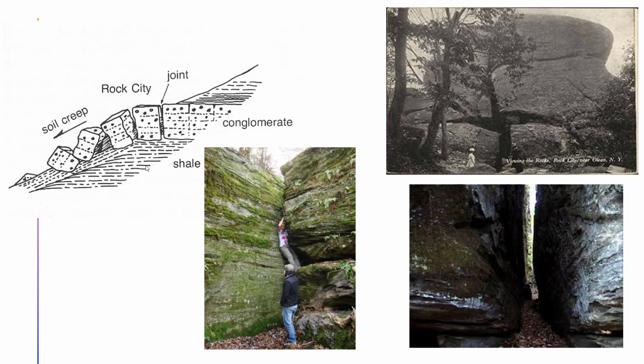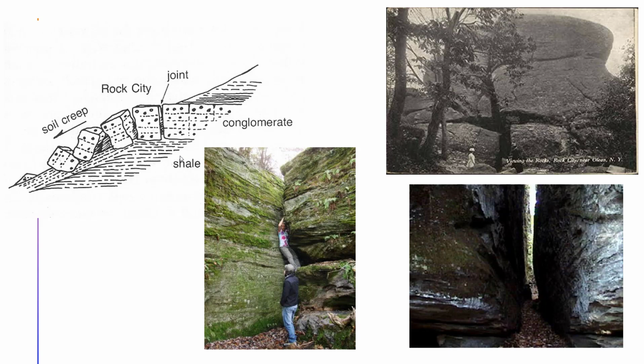Now, when this stress that results in the jointing, when those cracks hit the shale, basically the shale just weathers away, and a process called soil creep occurs. Soil creep is basically when it's warm out during the day that rocks will expand, just like metals, because rocks are full of metals. So it'll expand during the day and then contract at night.